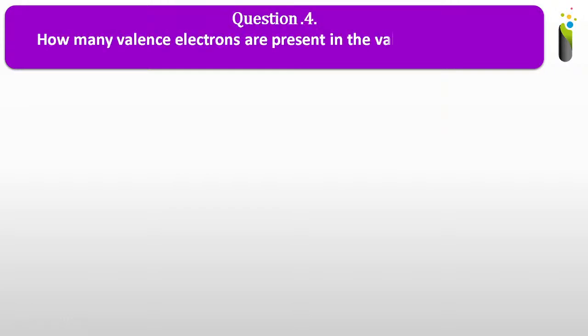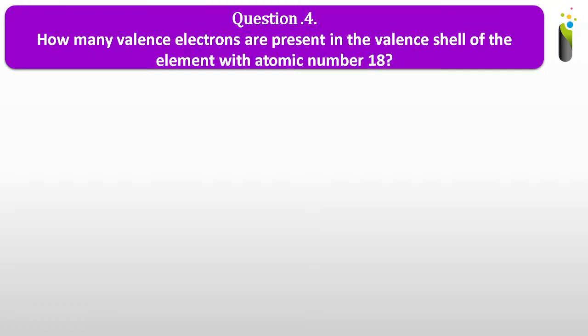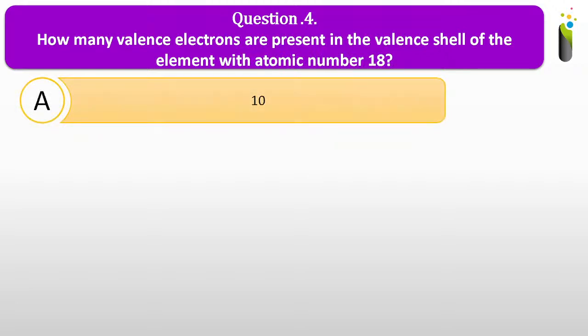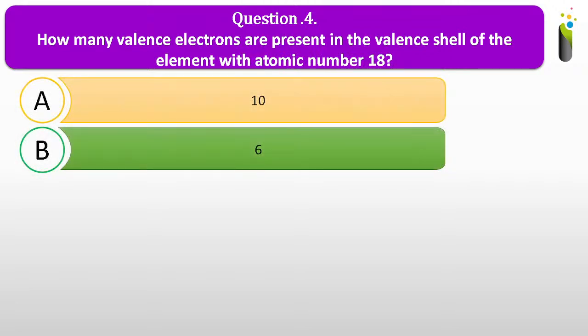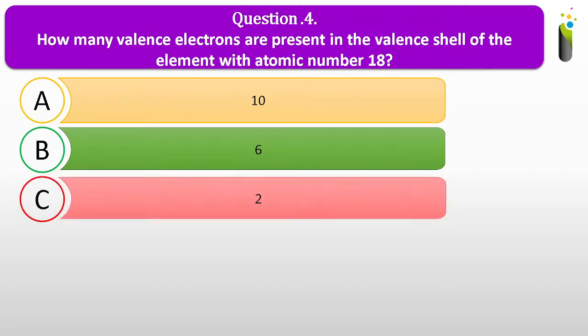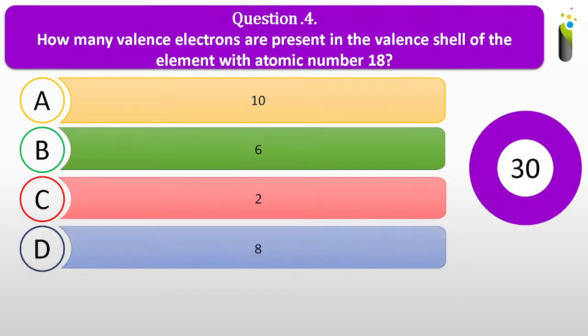How many valence electrons are present in the valence shell of the element with atomic number 80? A. 10. B. 6. C. 2. D. 8.